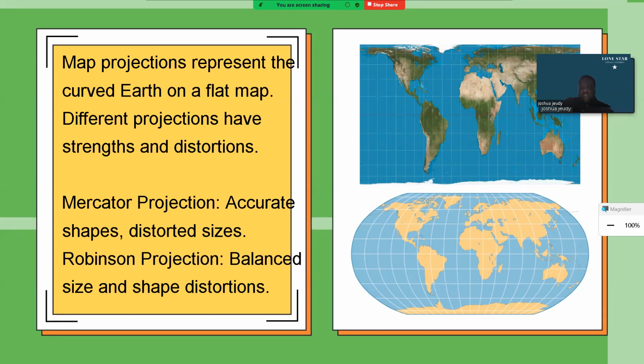It tries to make accurate sizes, so it makes the continents look right and the accurate size that they actually are. However, the shape's a little wonky, because if you make everything the accurate size, then it kind of sacrifices shape. It doesn't really look nice and clean.